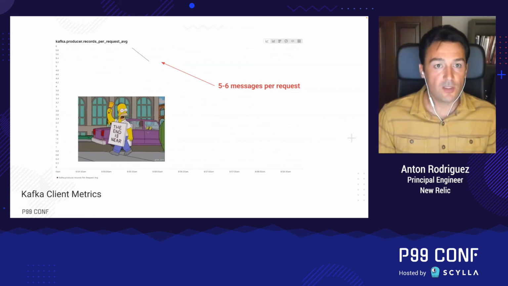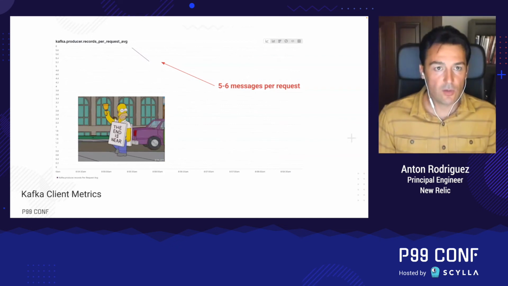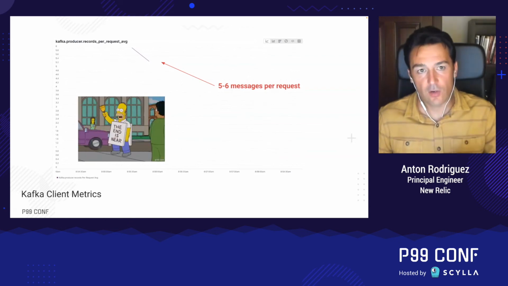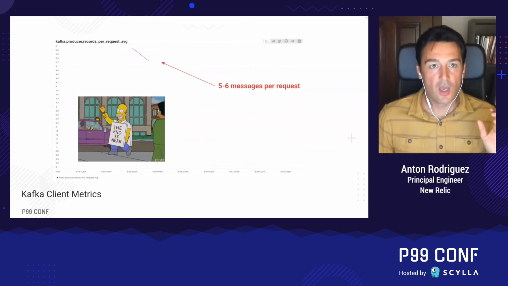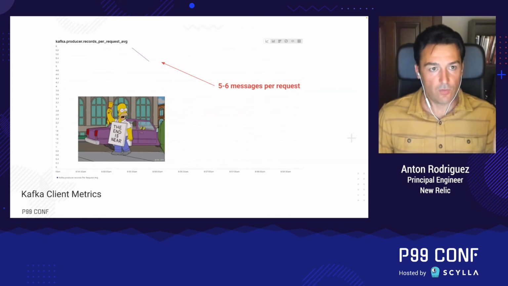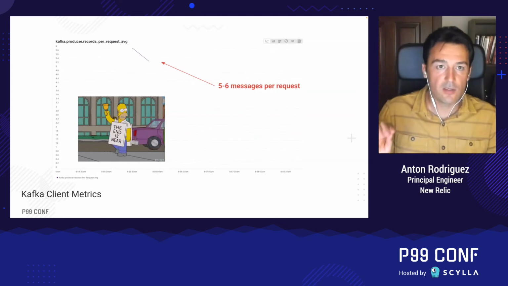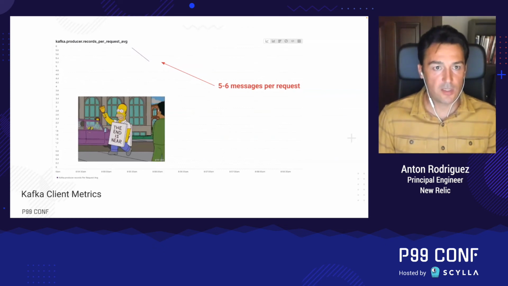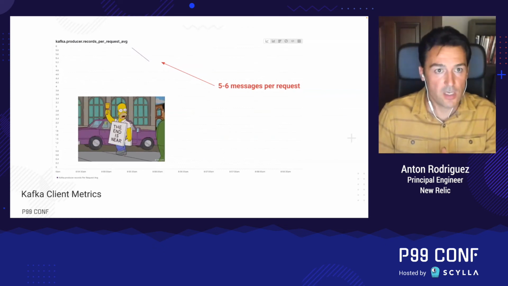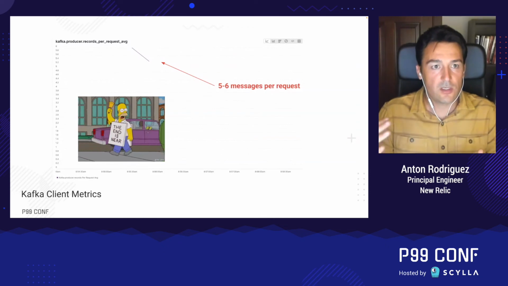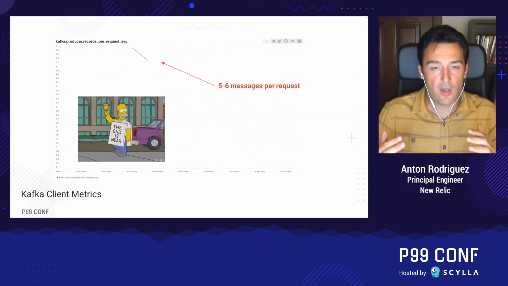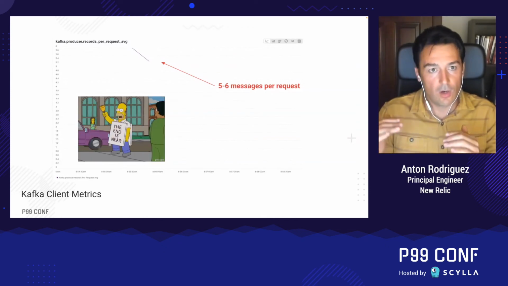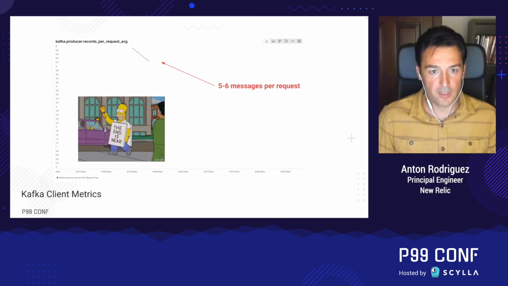And this is a very good indicator of, okay, we have 5 records per request, and that means we are waiting for 5 messages to send a request to Kafka, and it's aligned with what we have been seeing in our distributed traces. So this is maybe not the problem, but a good indicator of the problem per se, right?